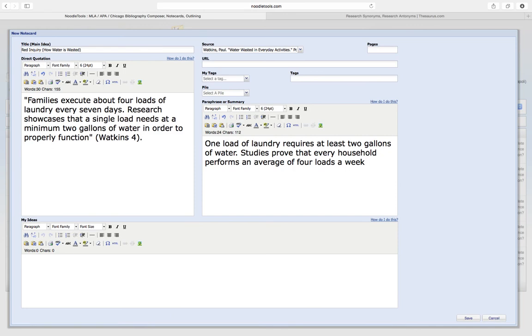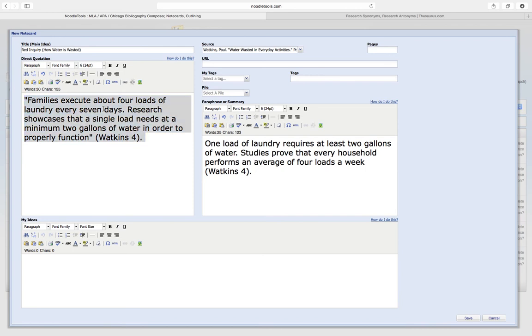Now, instead of the period there, since this is the end of my paraphrase, I'm going to put Watkins 4 in parentheses because that indicates that this entire piece was a paraphrase. And now I clearly paraphrased my quote and piece of evidence. I took Watkins' words, this is Watkins' words right here, and I put it in my own.